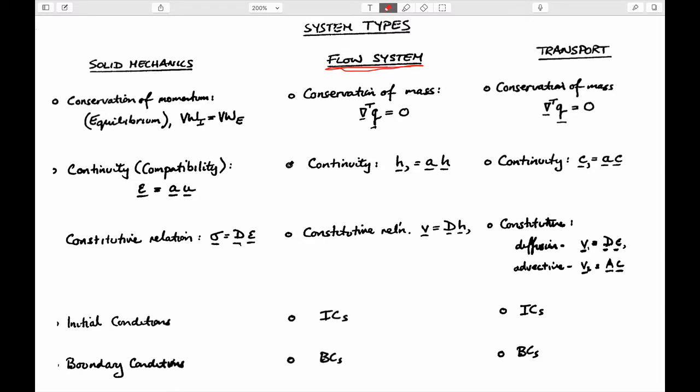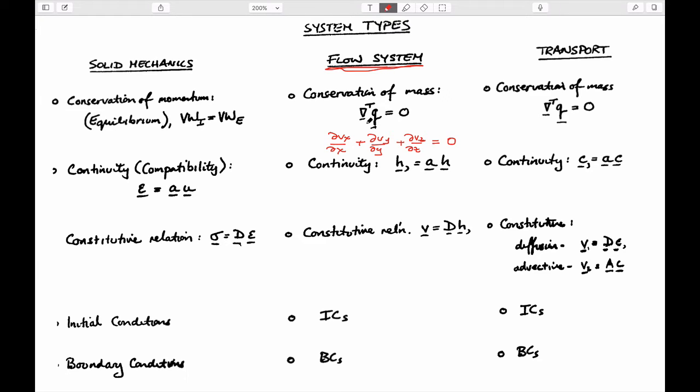The conservation of mass equation for us is basically that dVx over dx plus dVy over dy, and if it's the 3rd dimension, dVz over dz, equals either an accumulation term or 0 in the steady state. This is just another way of looking at it.